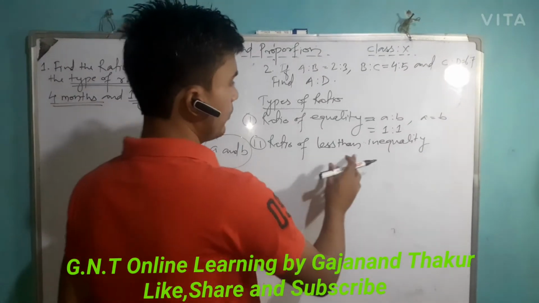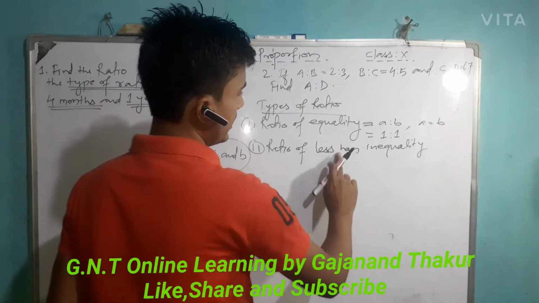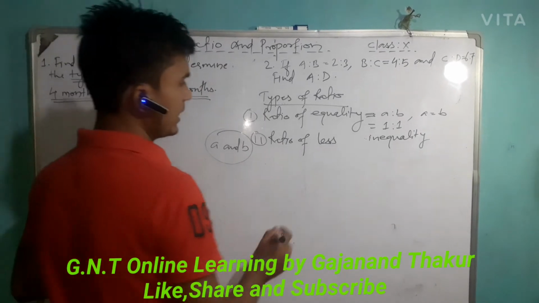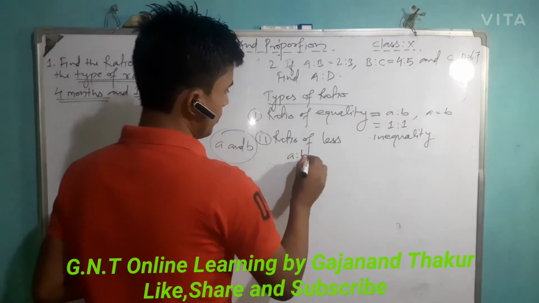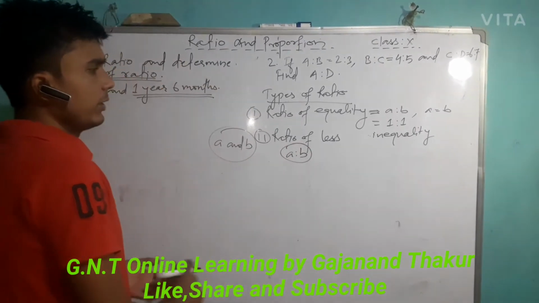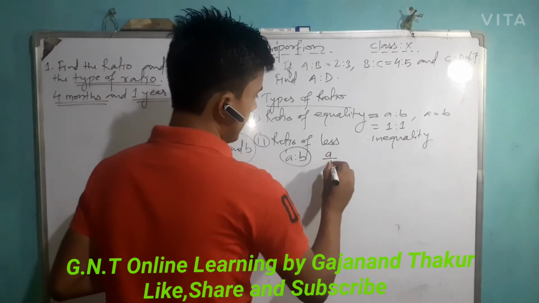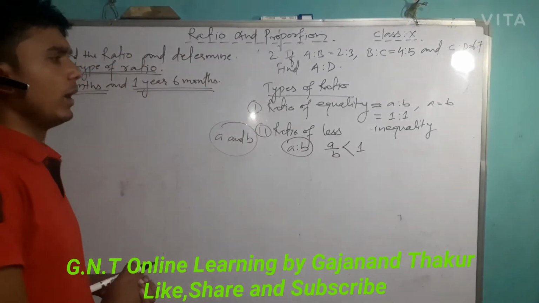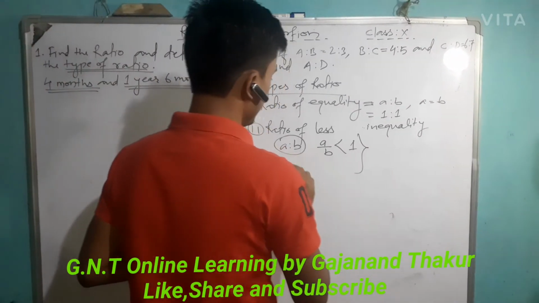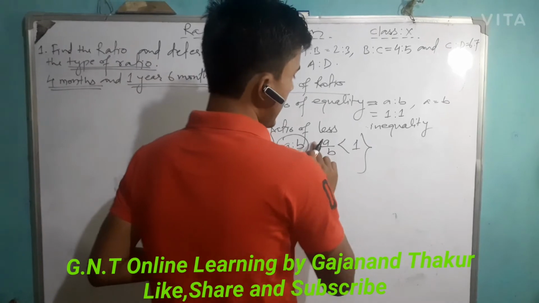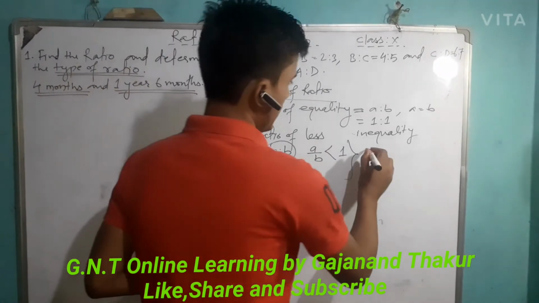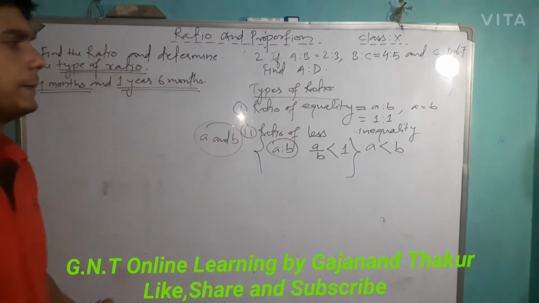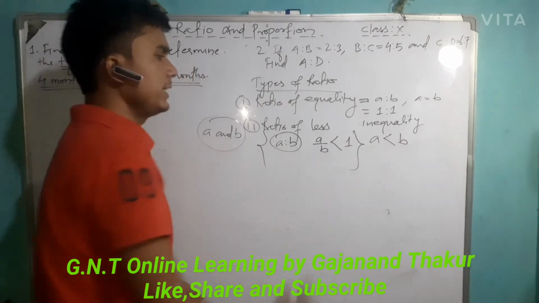In case of ratio of less inequality, if we take A is to B as the ratio, okay? Here A by B is less than 1. A by B is less than 1. So here we understand that A is less than B, that is, numerator is less than denominator.